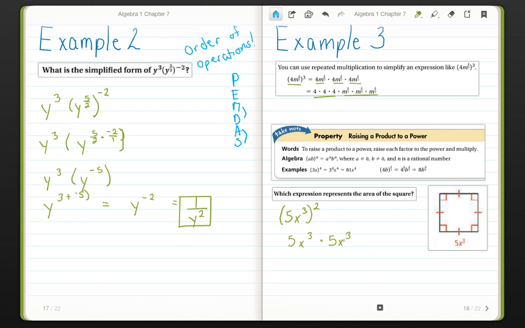Pull the exponents: 5 times 5 times x cubed times x cubed. 5 times 5 is 25. X cubed times x cubed is x to the 3 plus 3, or x to the 6th. So the area of the square is 25 x to the 6th units squared.